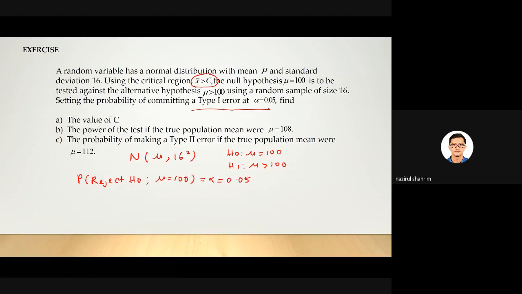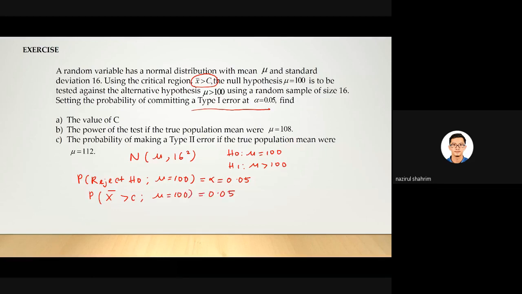So probability of rejecting H0, use your critical region. So that means probability x bar greater than C, where your mu is equals to 100, is equals to 0.05.